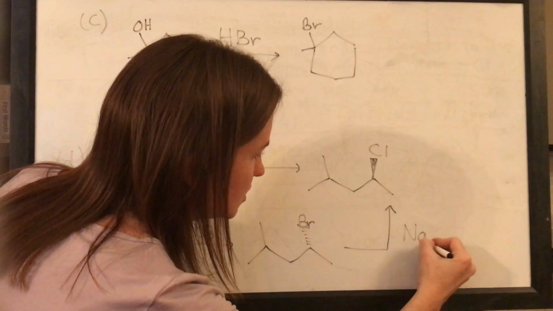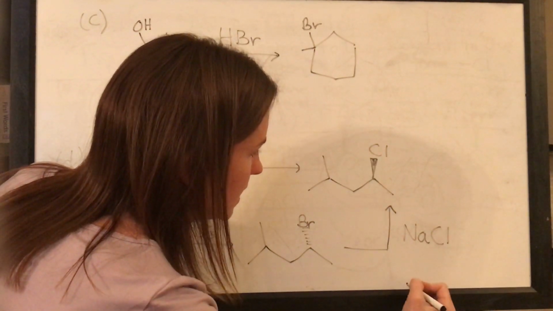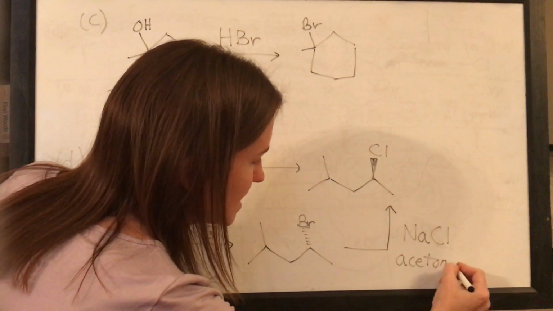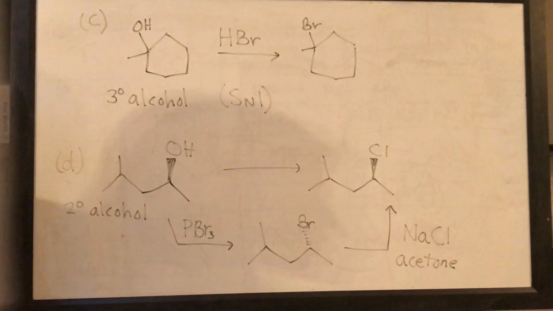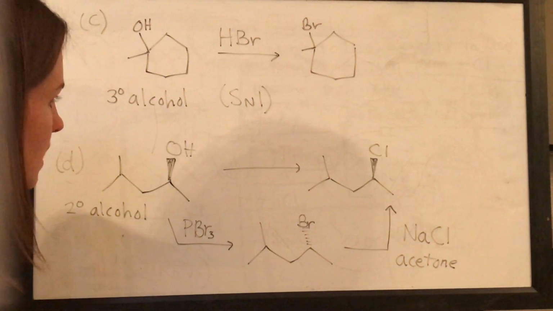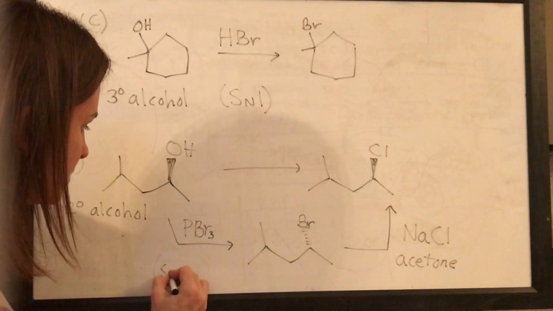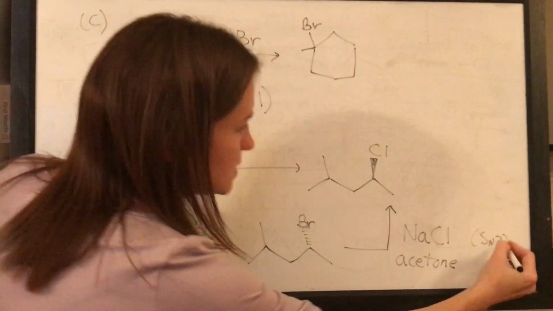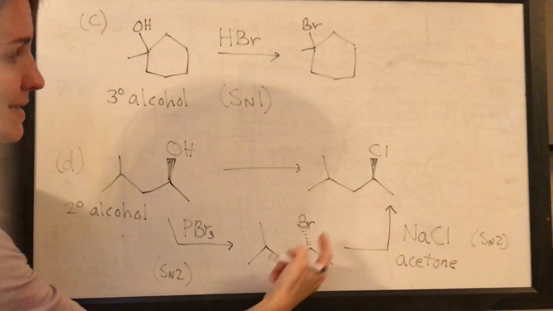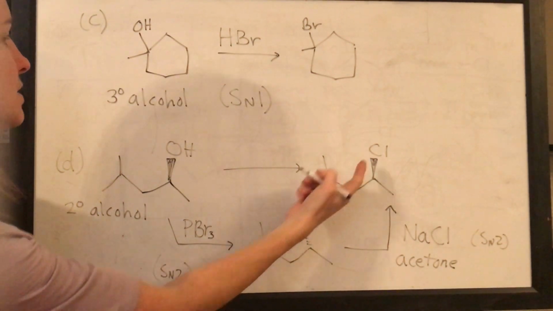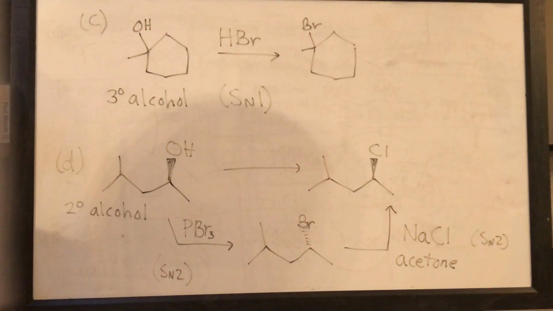So using something that's a good nucleophile, like sodium chloride, and then maybe putting in some acetone or DMSO solvent, something that's a polar aprotic solvent that would help speed up an SN2 reaction. So what's happening here is that you have two SN2 reactions back to back. First you invert the configuration once and then you invert it back. But that's really the only way to get to this product where you have a wedge if you start with a wedge.